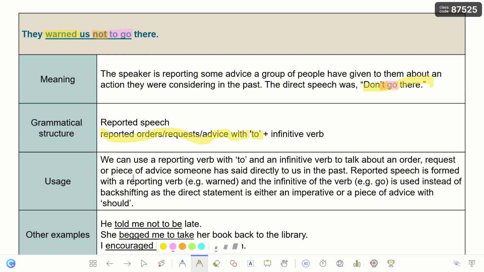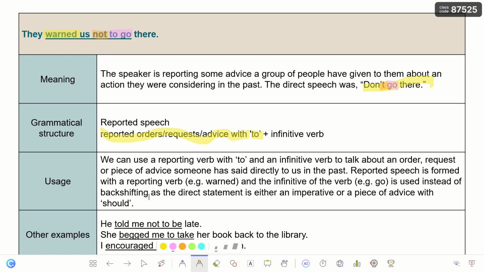So we can use a reporting verb with "to" and an infinitive base verb again to talk about an order, request, or piece of advice someone has said directly to us in the past. Reported speech is formed with the reporting verb like warned, advised, ordered, asked, and the infinitive of the verb go is used instead of backshifting.